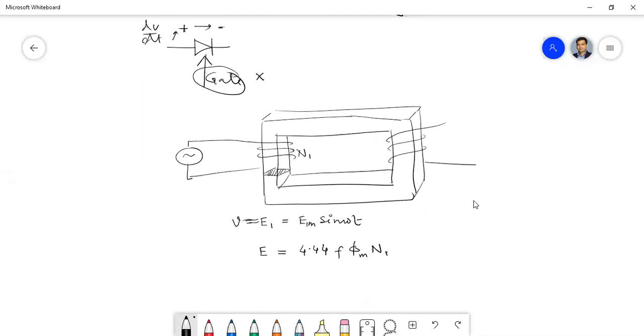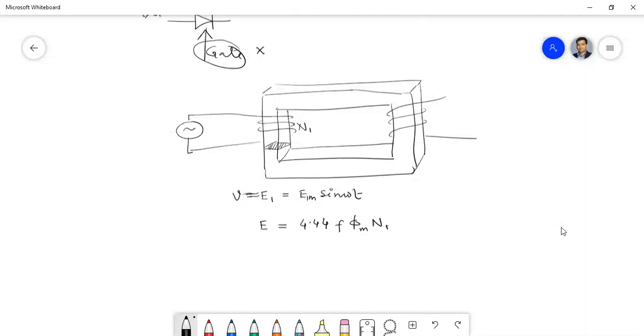I think you are all familiar with this expression because this is the basic expression of the transformer, isn't it?